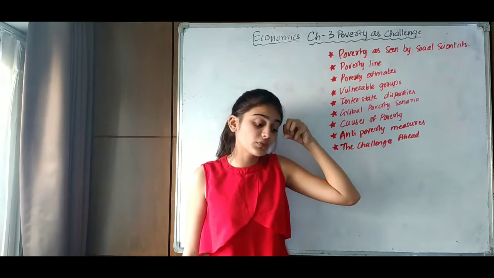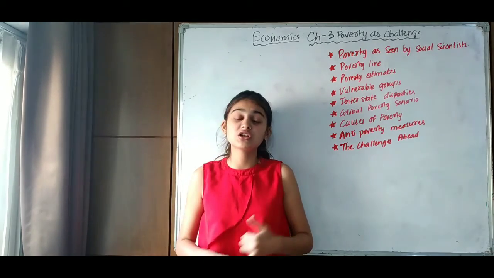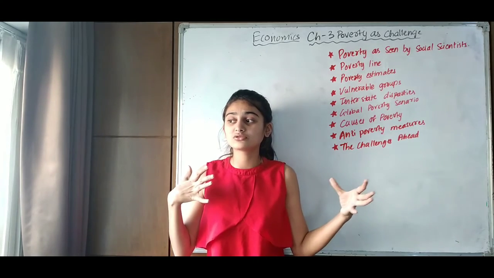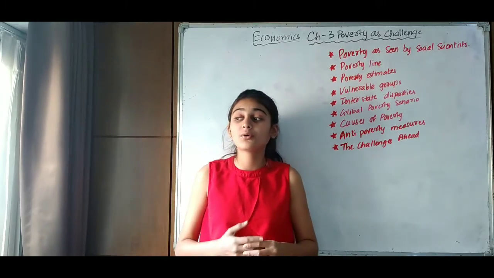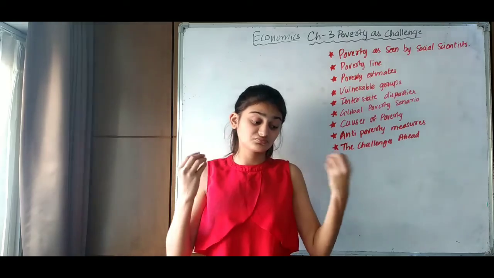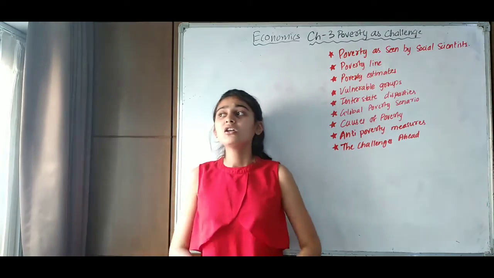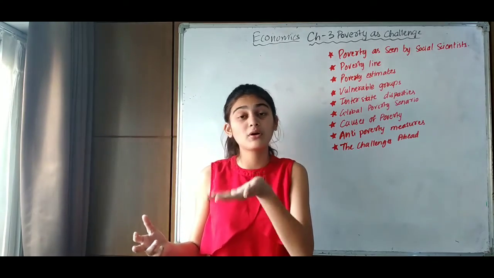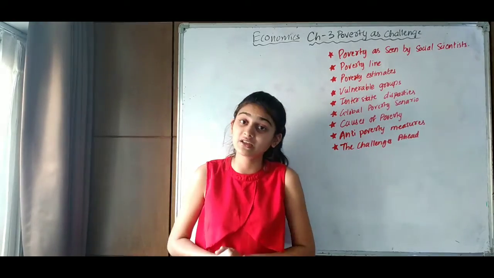The government has taken some anti-poverty measures such as the Swarnjayanti Gram Swarozgar Yojana, the Sampurna Gramin Rozgar Yojana, the Pradhan Mantri Rozgar Yojana, and the National Employment Guarantee Act.